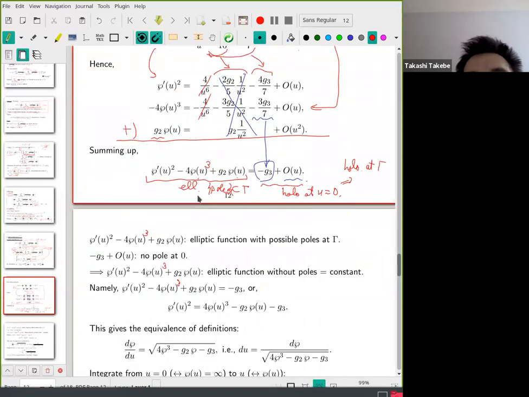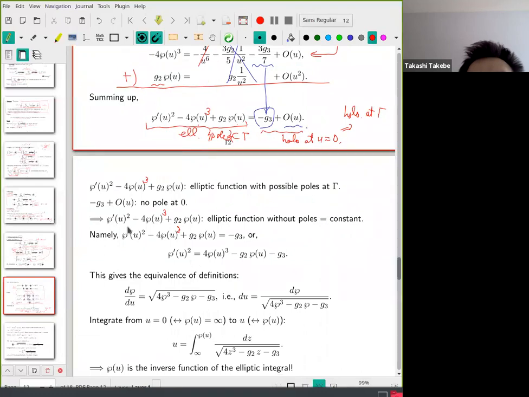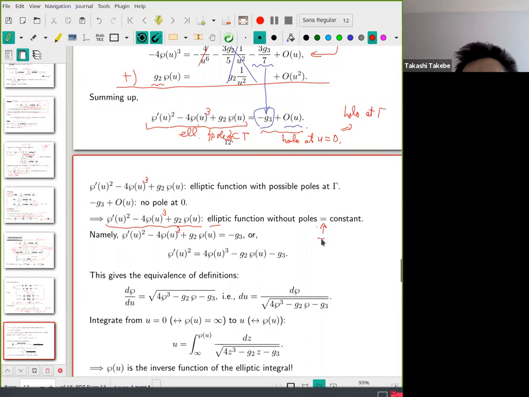What does this mean? This is an elliptic function, and possible poles exist only at gamma, but there are no poles at gamma. Therefore, the left-hand side here is an elliptic function without poles. And the first theorem we proved last time says that this is a constant.